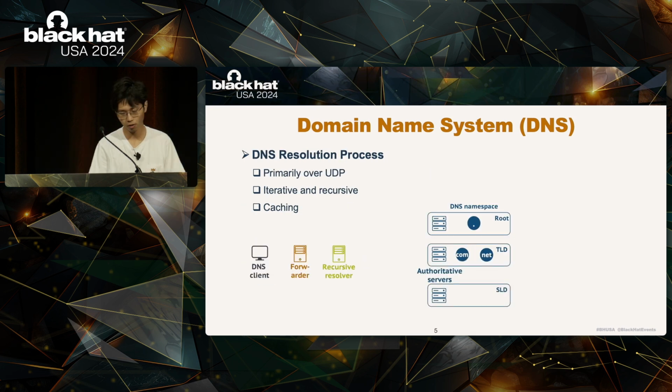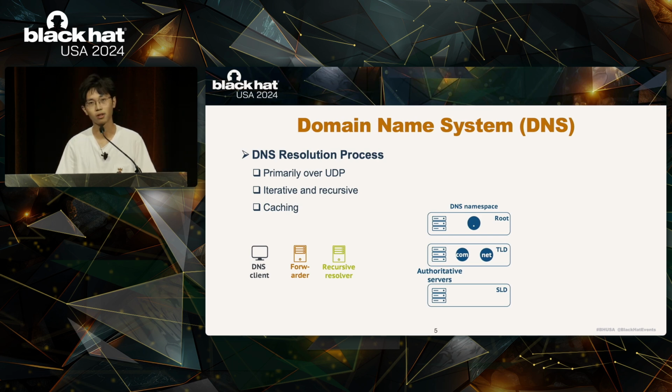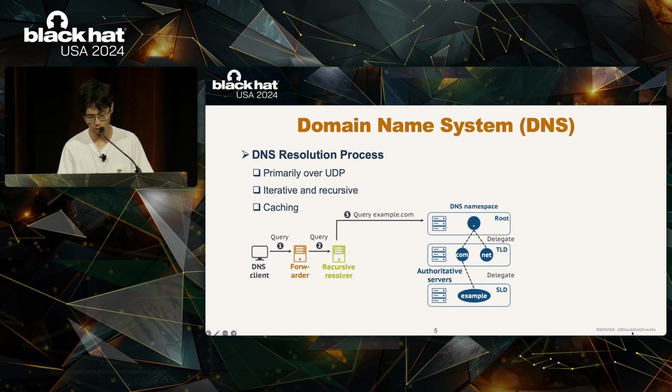So how does the DNS resolution work? Before the resolution, a domain, example.com, is registered. The DNS client begins by sending a query, and the configured forwarder just transmits the query to its upstream server.